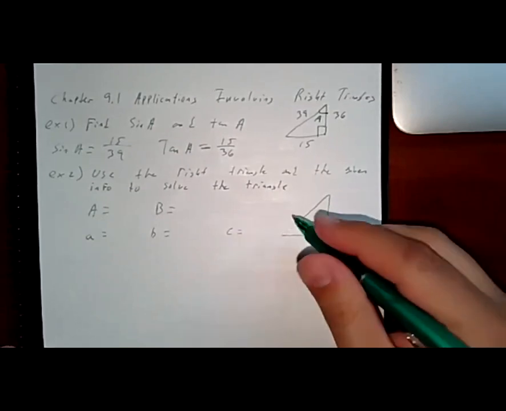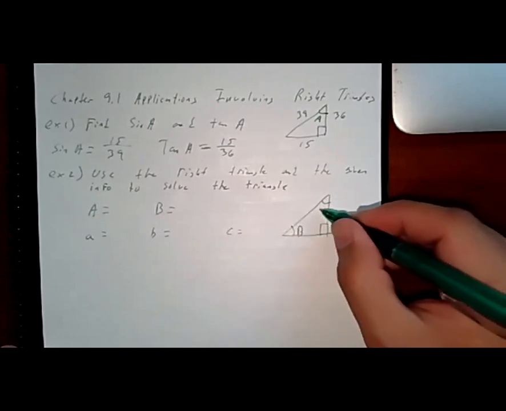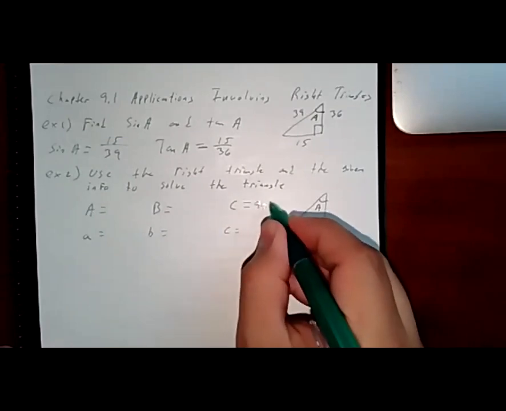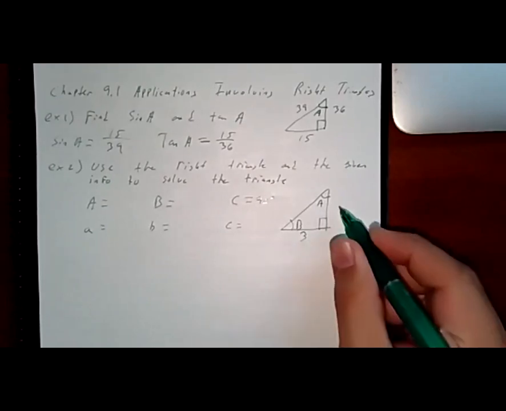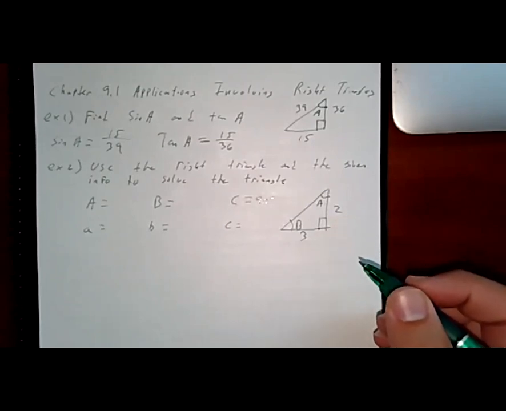So we'll call this guy B, this guy A. Capital C usually is there, but we're going to assume that's the right angle. We don't have either angle, but I'm going to give you these two sides.